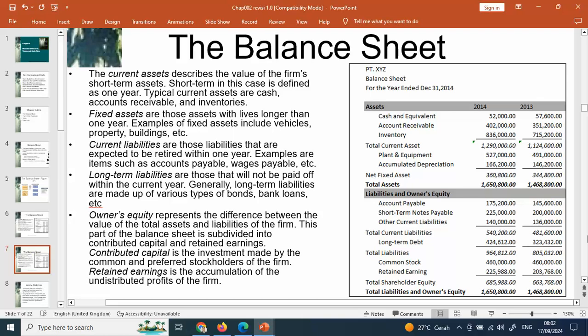And then shareholder equity. Shareholder equity represents the difference between the value of total assets and liabilities of the firm. This part of the balance sheet is subdivided into contributed capital, the common stock, and retained earnings.